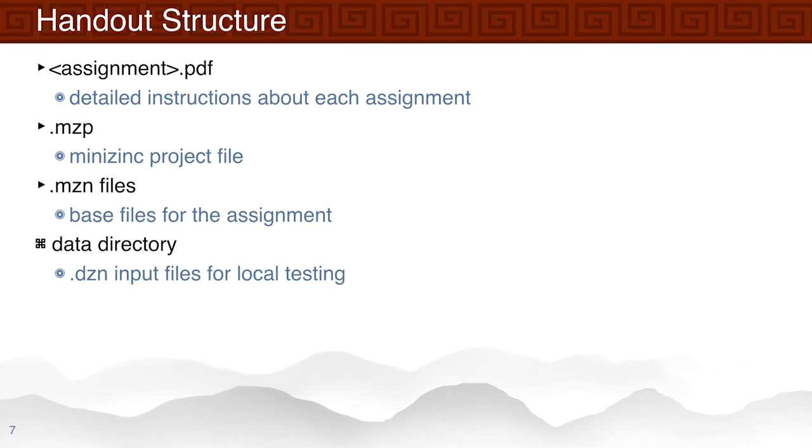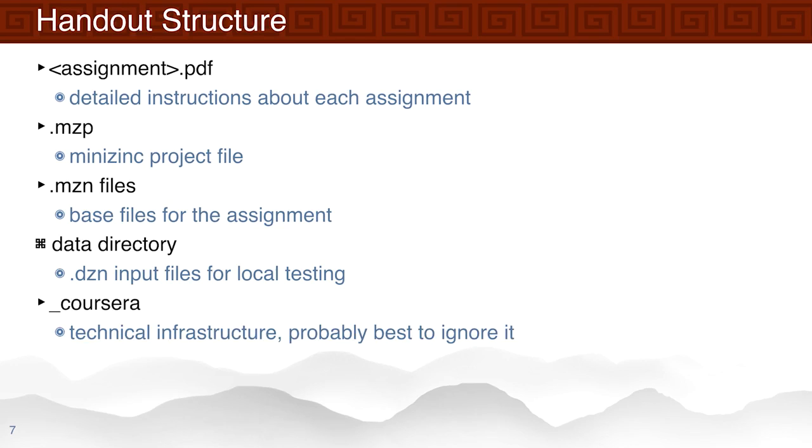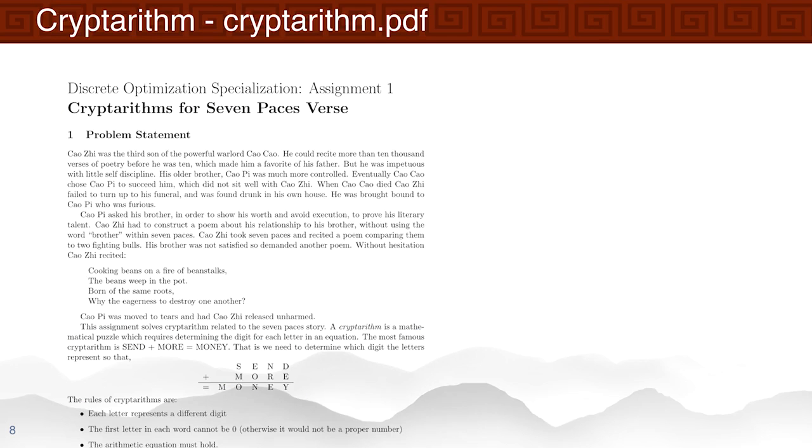There'll be a data directory full of DZN input files for testing, and there's an underscore Coursera file, which is some technical infrastructure that we need to organize this submission process. And there's also a submit.py, a Python file, which allows you to do command line submission. We'll talk more about that in the video about command line submission.